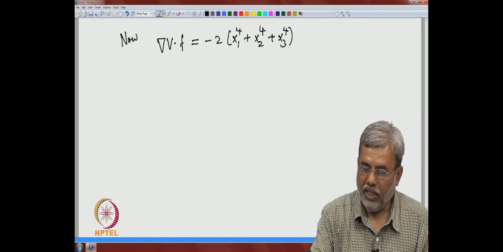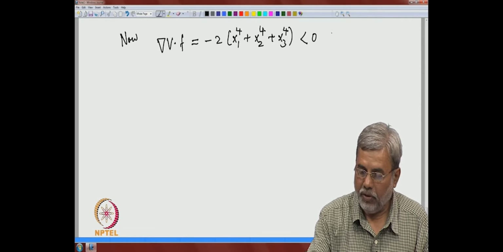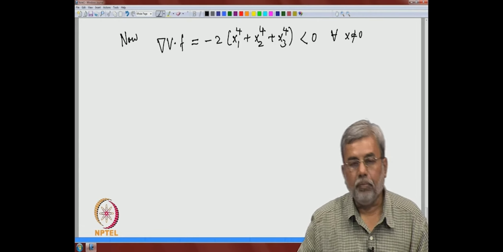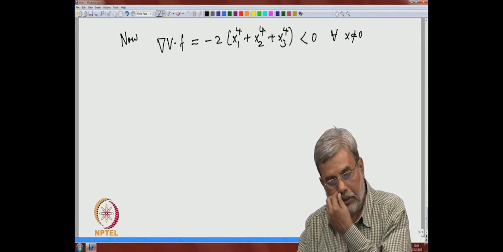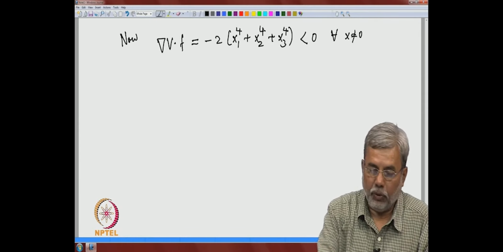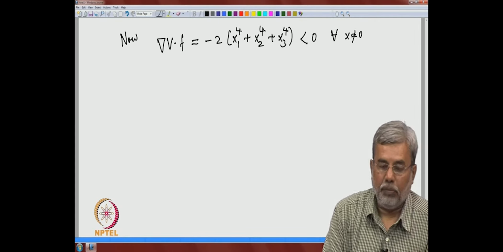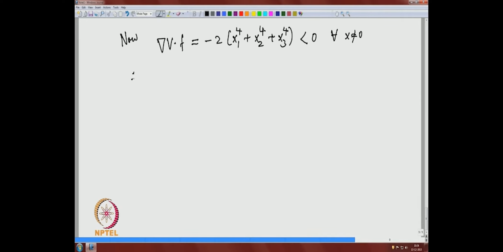And now we see that this is less than 0 for all x not 0. When one of x1, x2, x3 is not 0, then it is strictly negative. So, this is a negative definite function. Okay. So, therefore, again by the Lyapunov theorem we conclude that (0, 0, 0) is asymptotically stable.